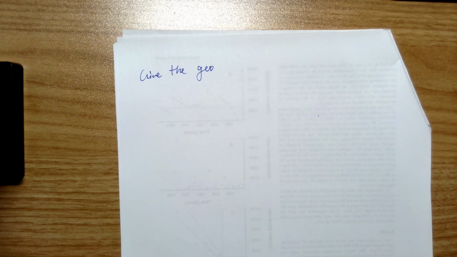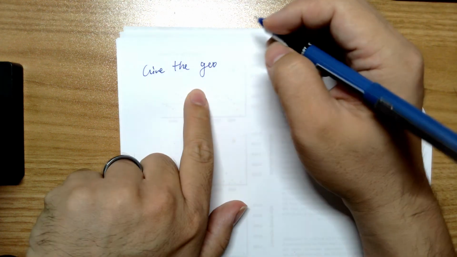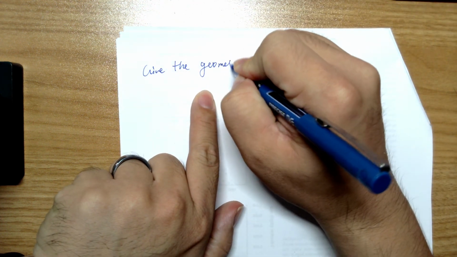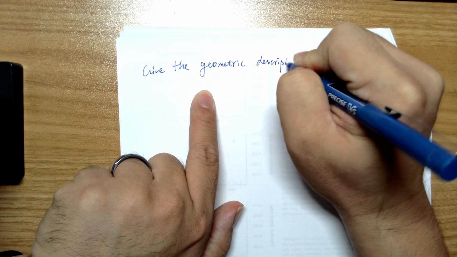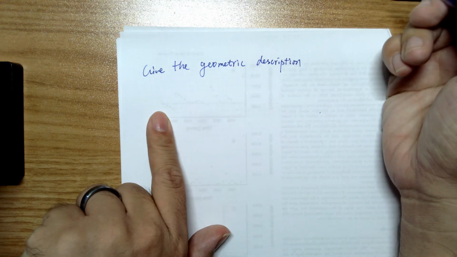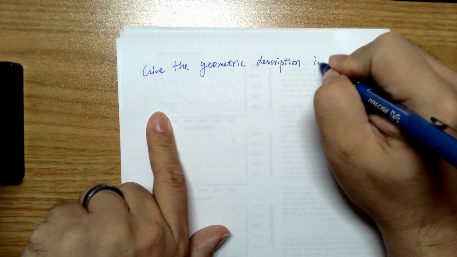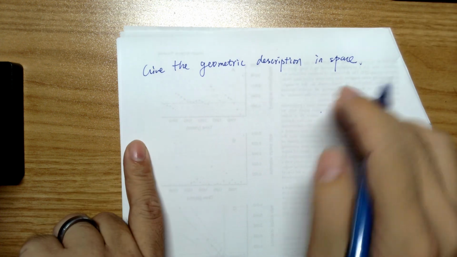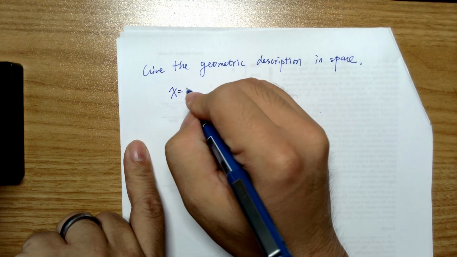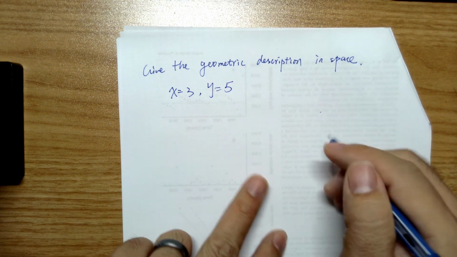All right, so let's continue. Let's look at this example. Find the geometric description. So in space, the first one is x equals 3, y equals 5. So what does that mean?